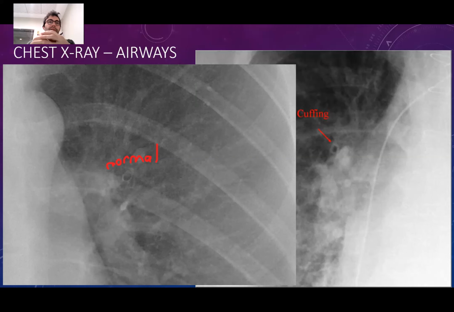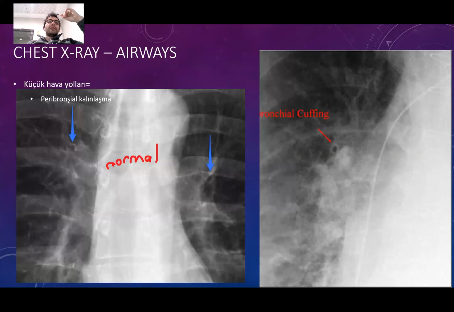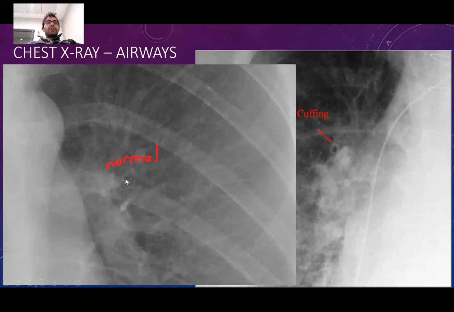There is some fluid in the bronchus wall. So this happens usually with bronchitis, also sometimes with heart failure. So these are normal cases. Normally they will look like this.